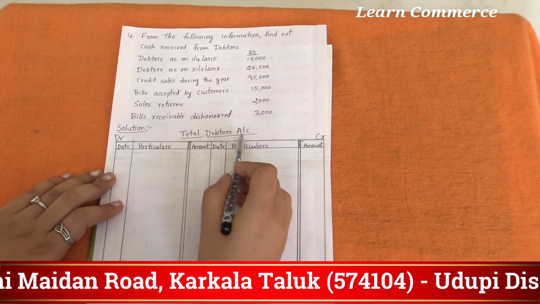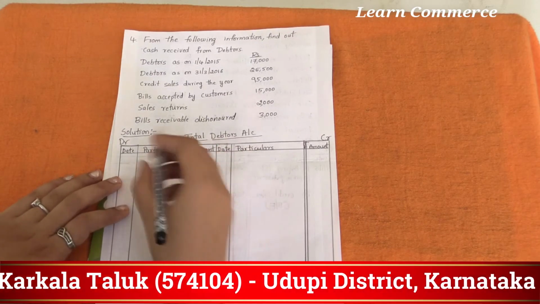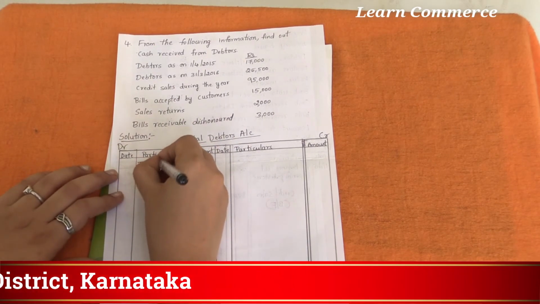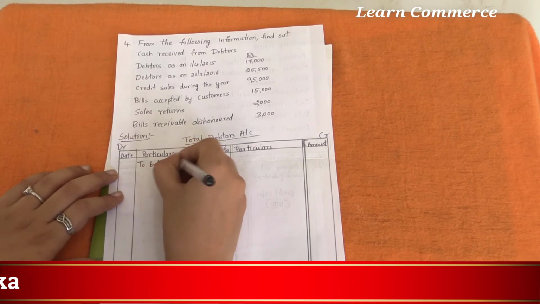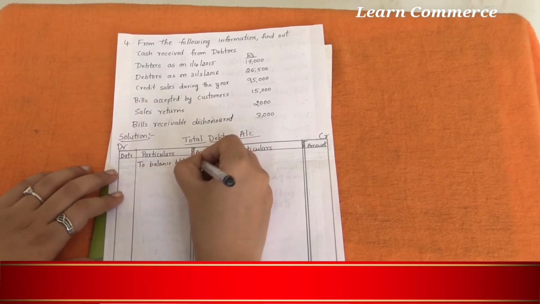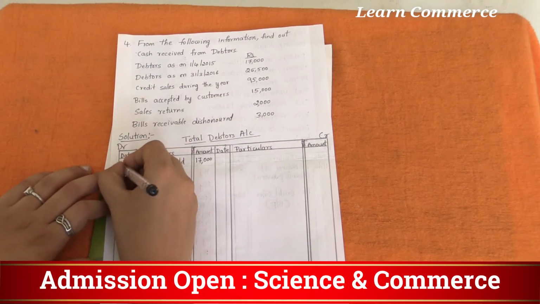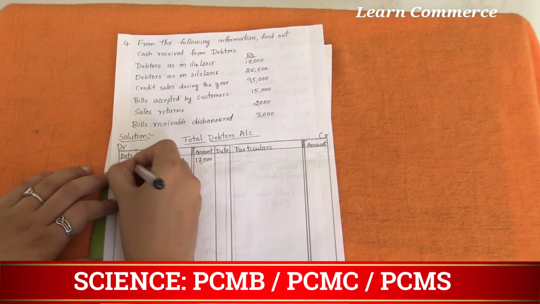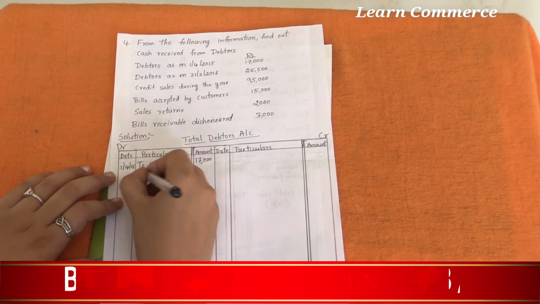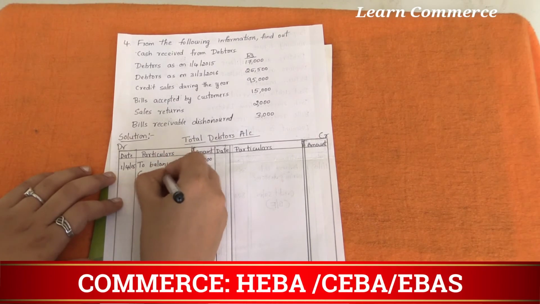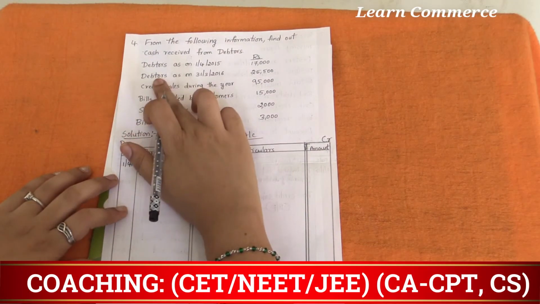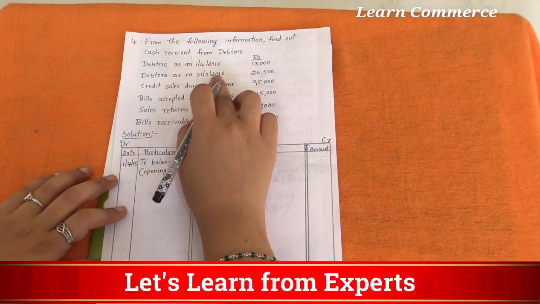In total debtors account, the opening balance of debtors is always written on the debit side, that is to balance brought down. Amount is 17,000. The date is given here, 1st April 2015. In bracket, opening debtors. Okay. This is debtors as on 31st March 2016. This is the closing balance, we have to record it at the end, not now.